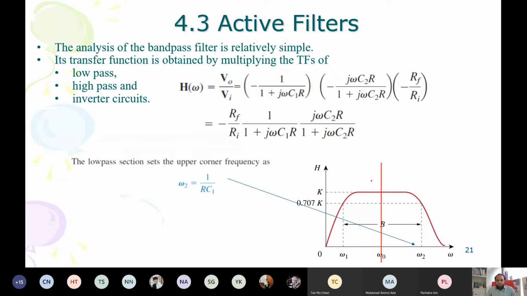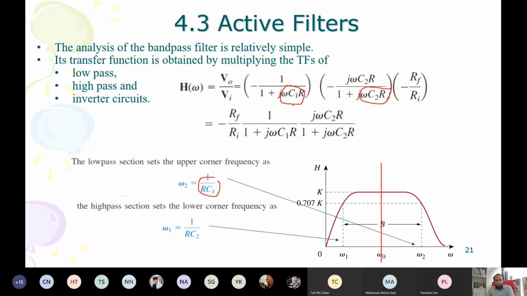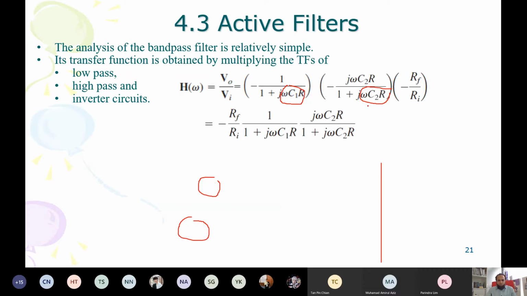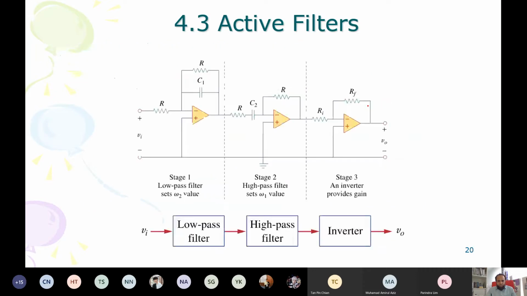So we'll get the values from the low pass and the high pass. You can see that this is coming from this one and this one is coming from this one, which in this case was C1R, C2R, like that.